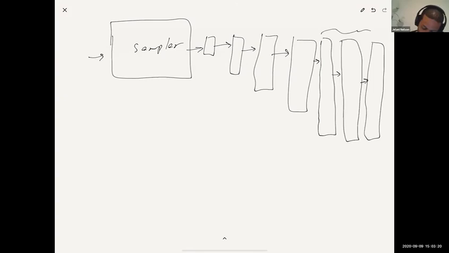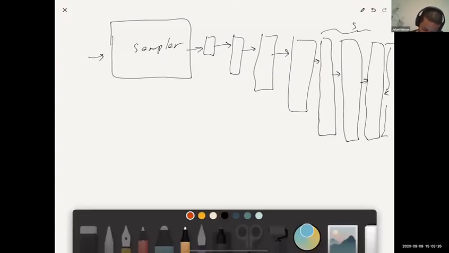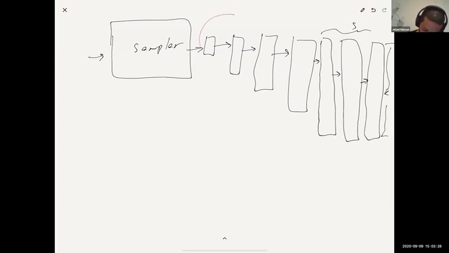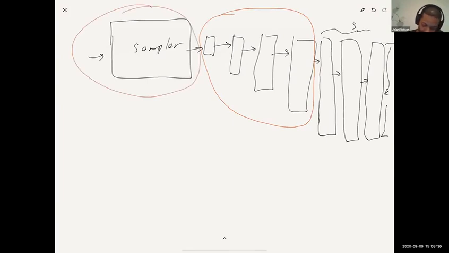There are s of these. All of these s have the same size k. These are geometrically decreasing in size. So there are basically 3 components you can think. There's the sampler, there's the part that's geometrically increasing in size, and then the final s that all have the same size.